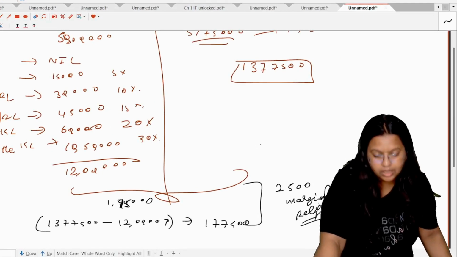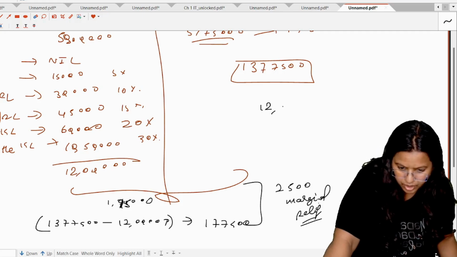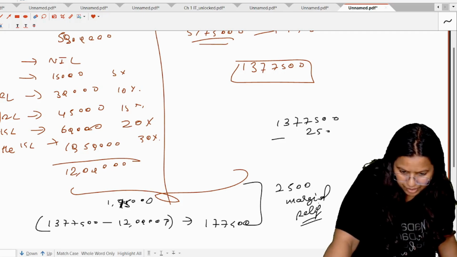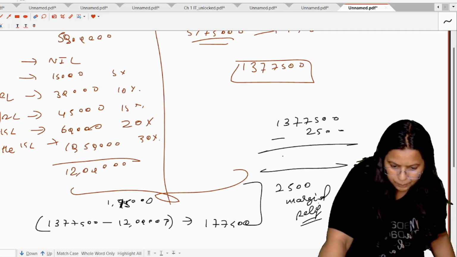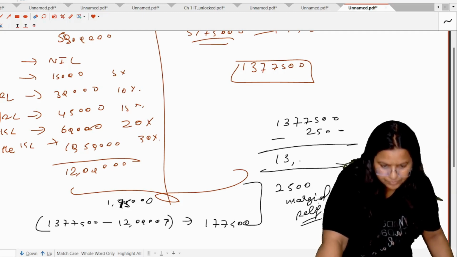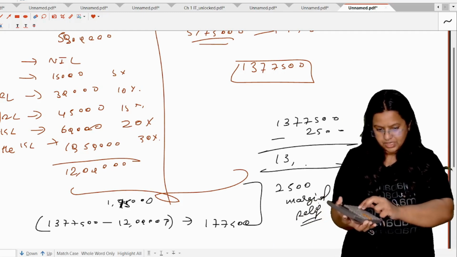Now the person has to pay the total tax liability of 13,77,500 minus 2,500.